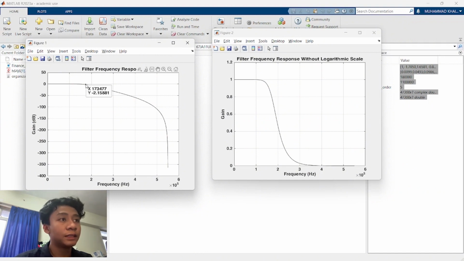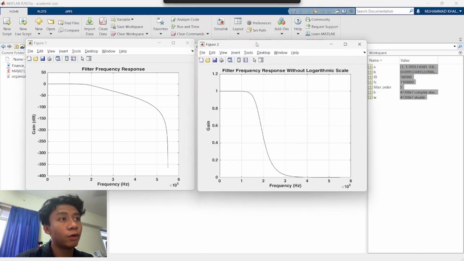So we can see the gain starts to degrade from 1.6 kilohertz until 5, which is before 1.6 kilohertz it is 0.